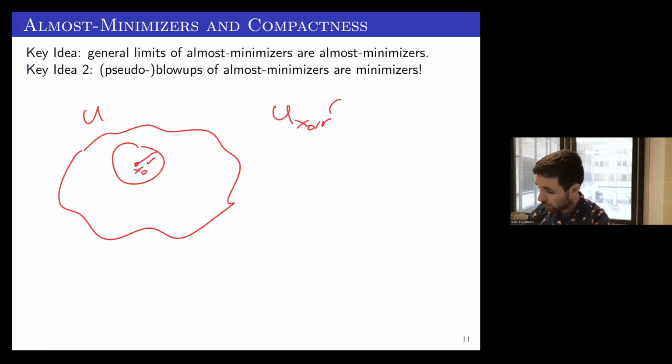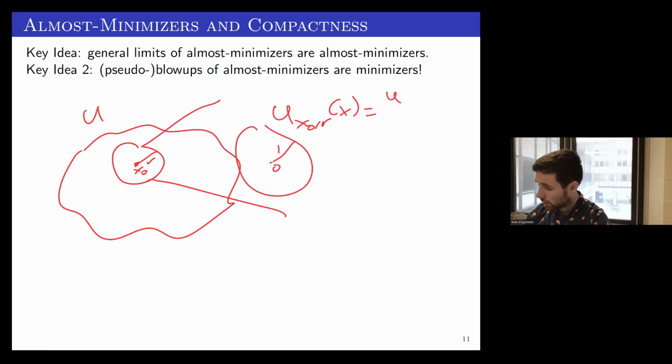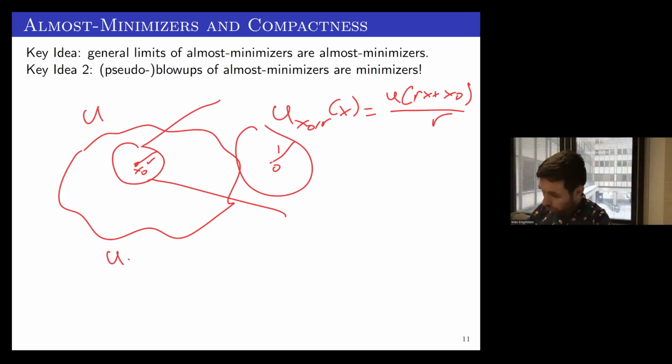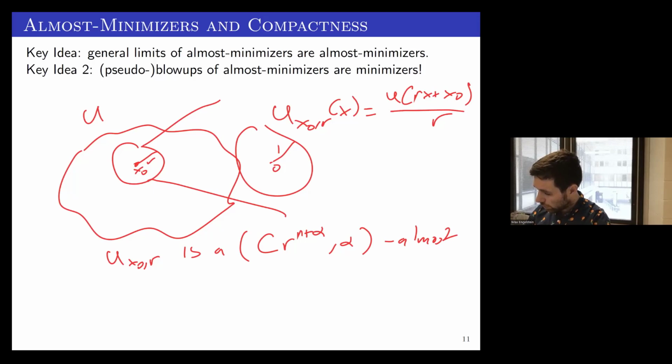Let's call this point X0. You take a rescaling where you turn this ball into the unit ball of size 1 by saying U of X0, R is equal to U of Rx plus X0, over R. And then it turns out that U of X0, R is a C R to the n plus alpha, almost minimizer.